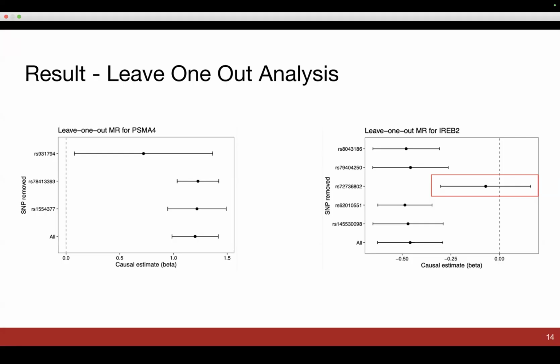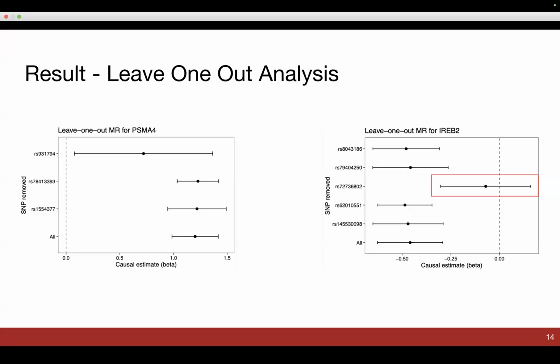On the graph on the left, although the first SNP seems to deviate from other SNPs in PSMA4, it's not statistically significant. However, the third SNP in IREB2 is statistically significant.